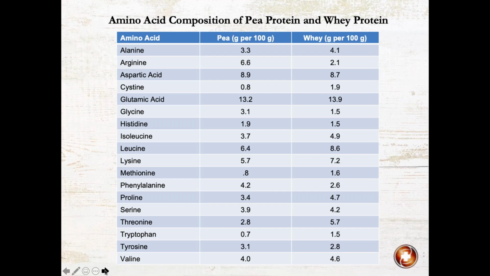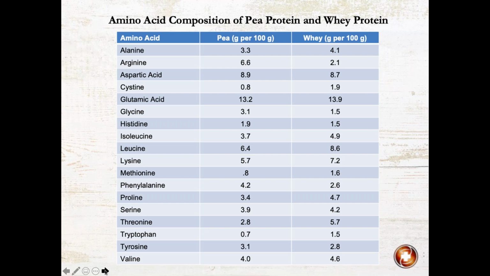If you look at those four on this chart, what's clear is that they're typically about 25% less in the hydrolyzed pea protein than they are in the whey protein. So you would think that the whey protein, because of the role that these four amino acids play in promoting lean body mass gains, would be superior. But when that pea protein is provided in a peptide form, it's equivalent, if not superior.